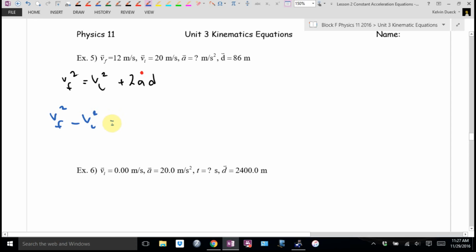In my imagination, I see the 2AD just having dropped down, but I want the A by itself. I need to deal with the 2 and the D. Conveniently, they're both doing the same thing. How will I move the 2 and the D over? Divide. So are you telling me, Mina, that there would be a 2D on the bottom? I'm going to put the A equals on the left-hand side by itself, because that's what you guys are used to seeing from your equation solving days.